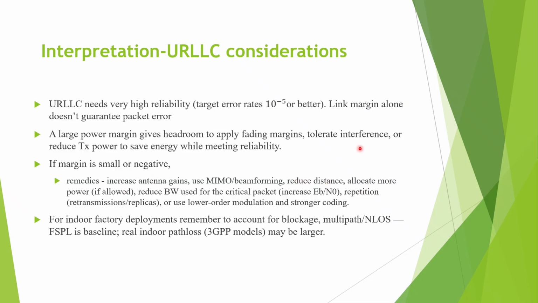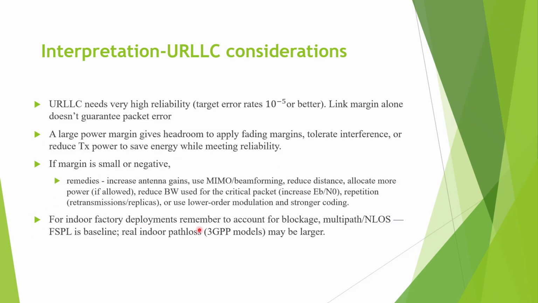Allocate more power: allocating more power increases the complexity of the system, so it is not preferable. Reduce the bandwidth used for the critical packet, use repetition or retransmission of information upon request, or use a lower order modulation technique and stronger coding. Stronger coding, source coding or channel coding techniques, we can use to improve the service.